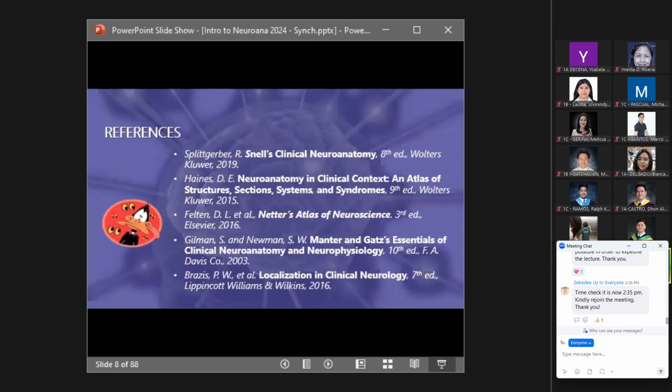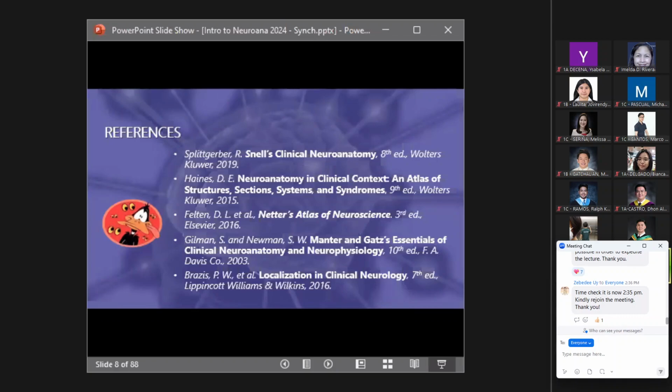There's an old book that may still be useful for you, which is the Manter and Gatz. The last edition available is from 2003. They haven't updated this, because the publishers don't want to update it.